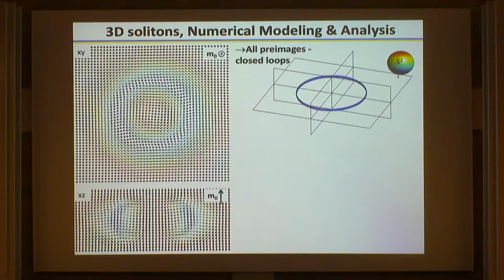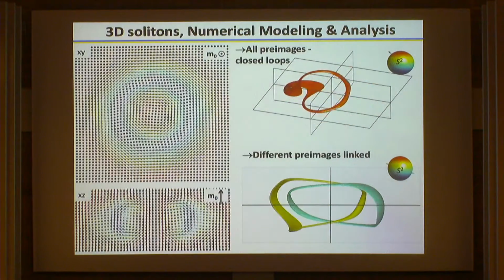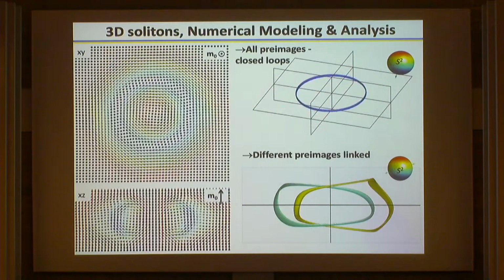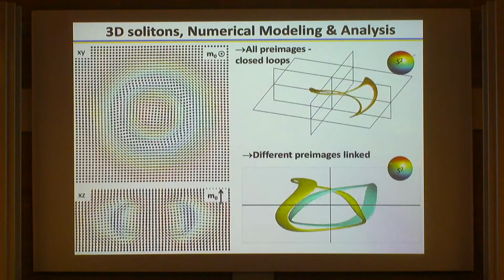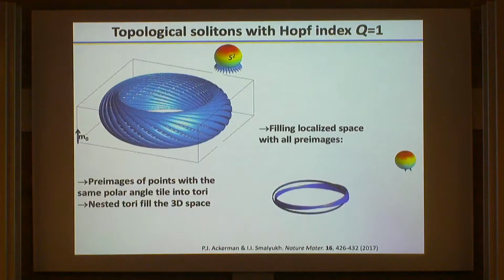As I would now look at pre-images corresponding to regions within this three-dimensional volume where the magnetization points in that direction corresponding to points on S2, we see that these regions have closed loop-like shapes. And then for every pair of pre-images, we see that we have linking of these pre-images, and the linking number is always the same. So we can take a closer look at what happens here.